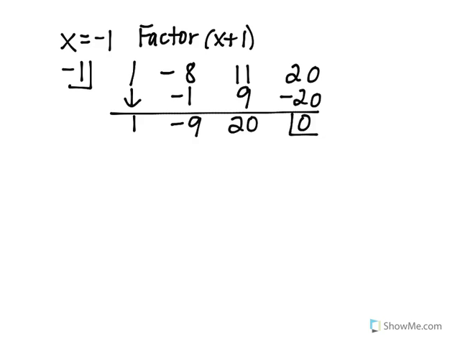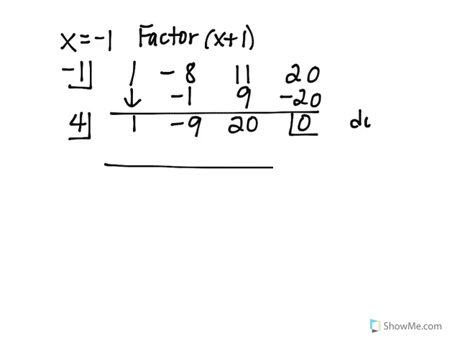You're going to do synthetic division a second time, but we're going to continue with the same thing we just got. You're not going to use the remainder, you're just going to use the other 3 terms that are left.